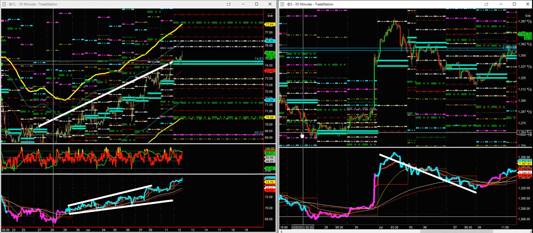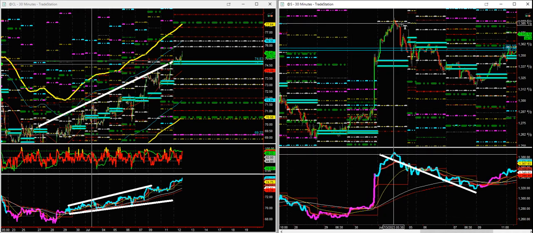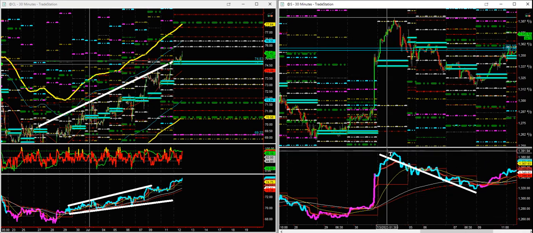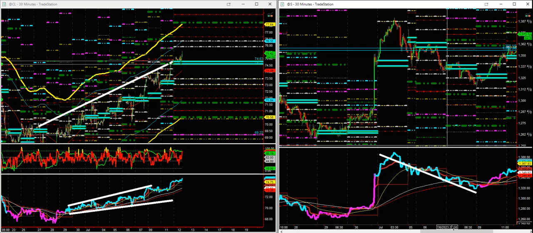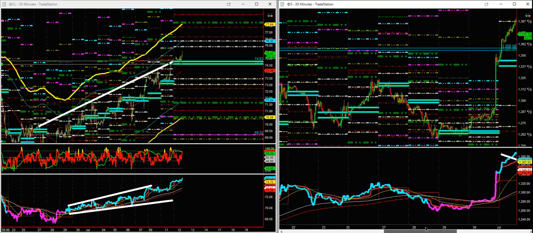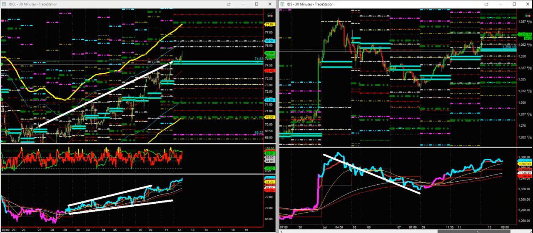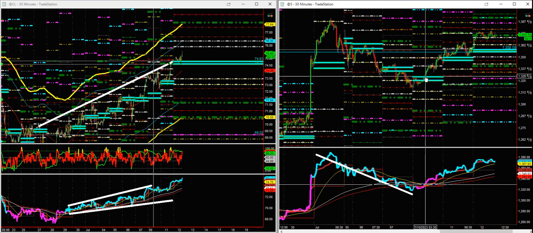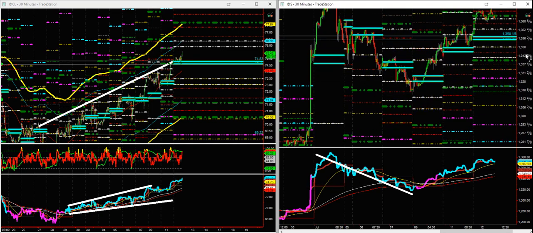This is also continuation bar coming from this side, and we have a pullback on the 50 right here, and we have a pullback on the anti-trend impulse. And once all this lines up, when we have these levels posted, now we are in an uptrend.